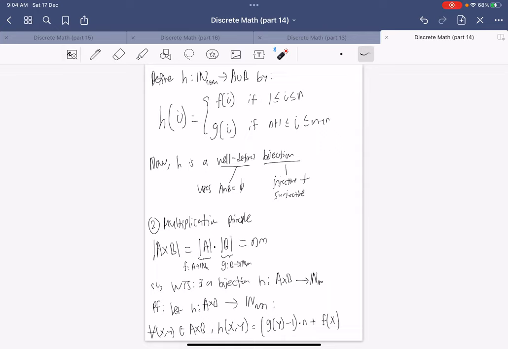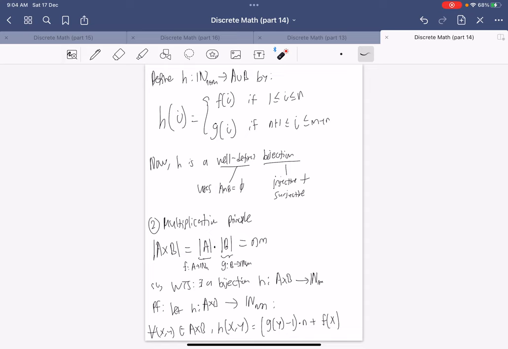So at the end of the day, this will still be in the range of 1 to nm. And hence, this is well defined. And by the uniqueness of the division algorithm, you know these two are unique. And so this gives us an easy proof of why this will be a bijection.